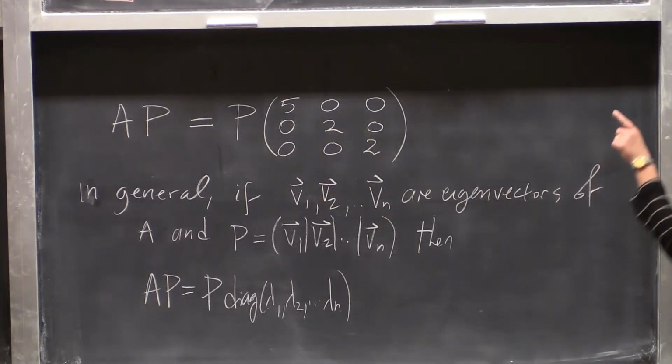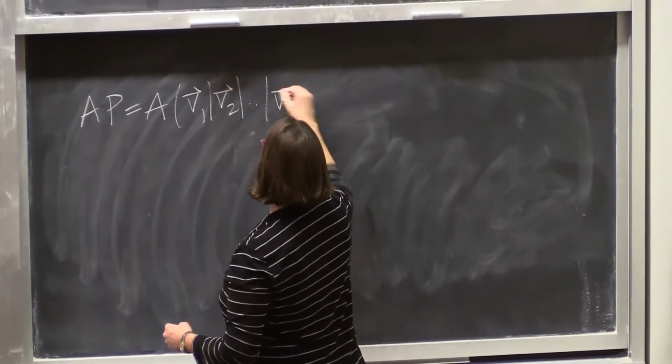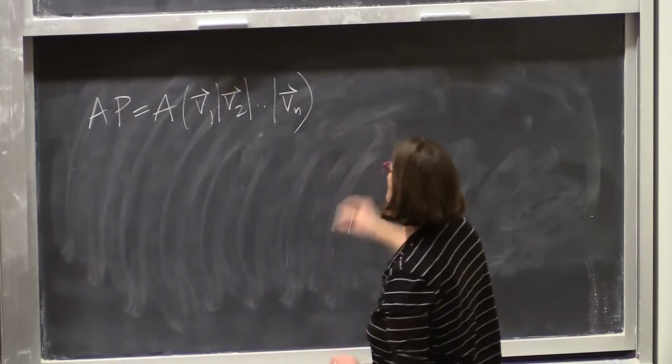So I checked it by hand for this specific example. Let's just see why it's true in general. So A times P is A times V1, V2, through Vn. That's by the definition of P.